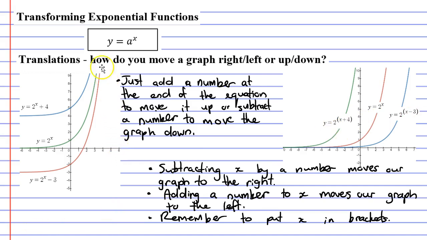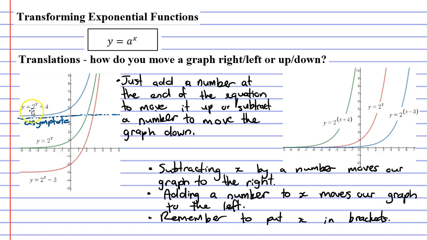We need to reflect back on our translations that moved our graph up and down. You might have noticed that our asymptotes changed in this situation. For example, here's one here. This dotted line is a new asymptote for my graph y equals 2 to the power of x plus 4.